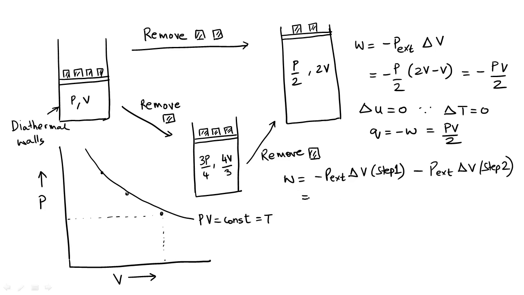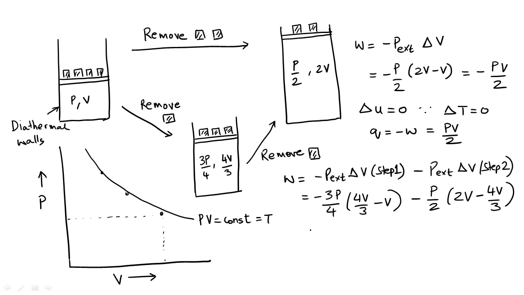This is equal to minus 3P by 4 times (4V by 3 minus V) in the first step, minus the external pressure P by 2 in the second step, times the final volume 2V minus the initial volume 4V by 3.